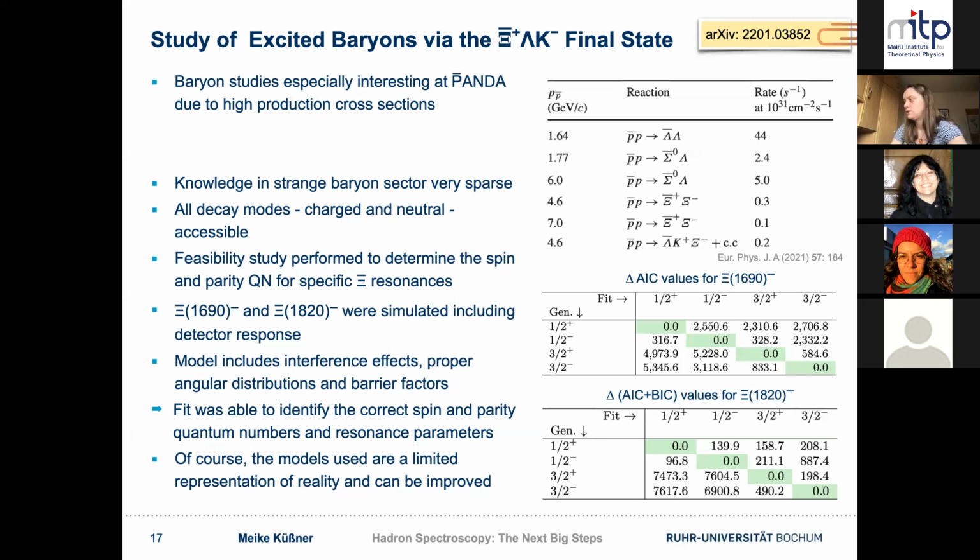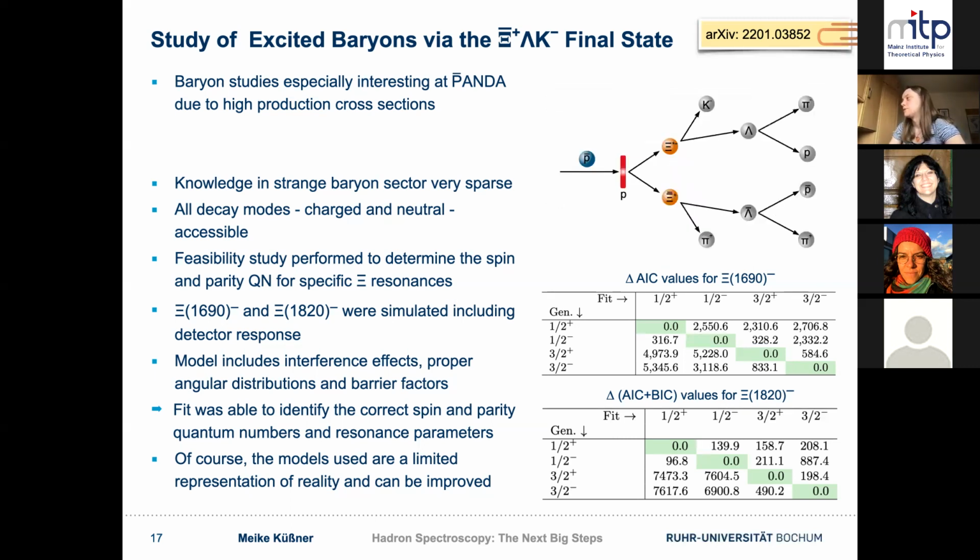And you can always see that the diagonal is the best fit. So that means that the fit was able to find the right quantum numbers. And this is very interesting to see. Although, of course, these models are rather limited and might not represent the real nature, therefore we, of course, need to measure. Yeah, this was the decay chain.